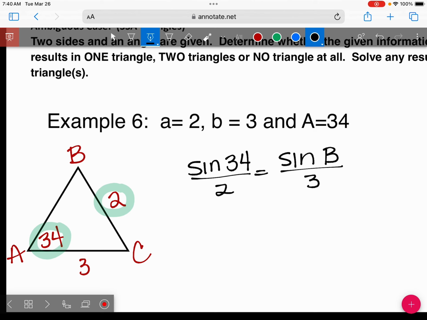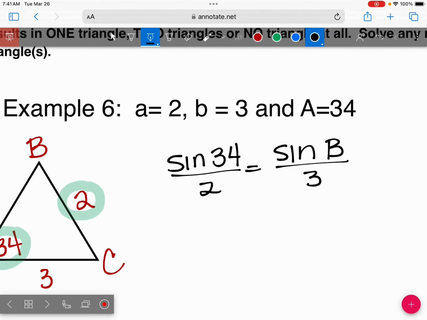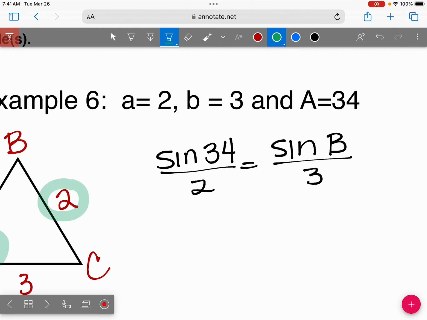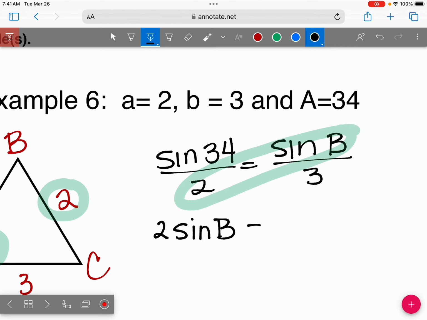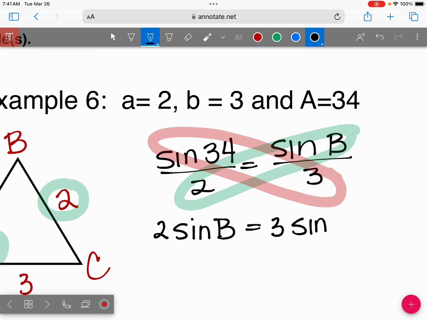So this time we know we get at least 1. We didn't get an error. So we know we have at least 1 triangle, but it could be 2. All right, so let's go ahead and cross multiply this. When you multiply this direction, you get 2 sine B. And then you go this direction, and you have 3 sine 34.